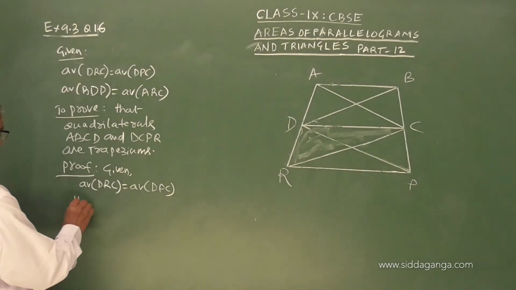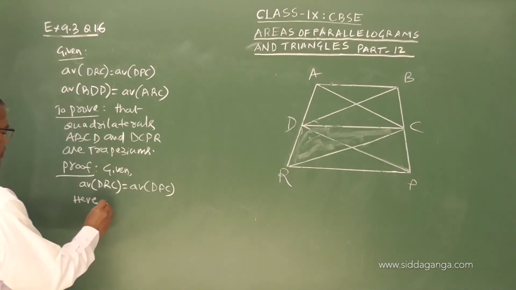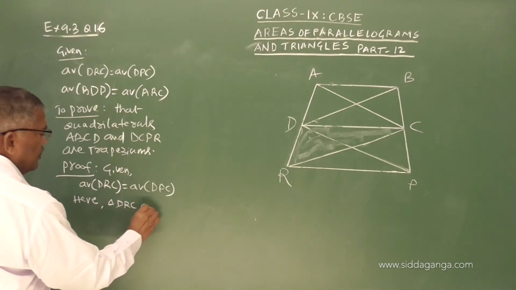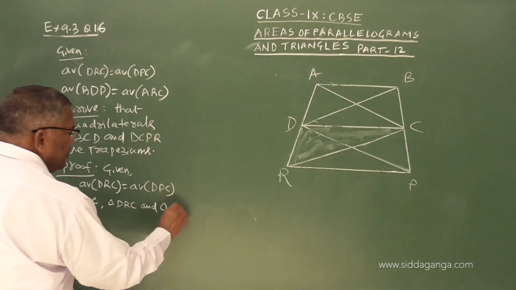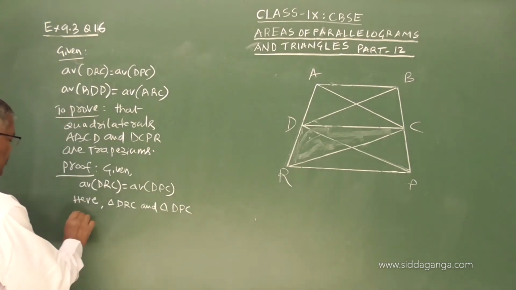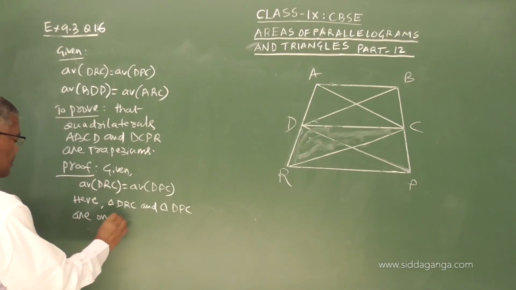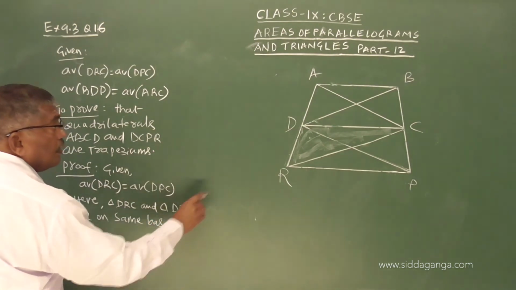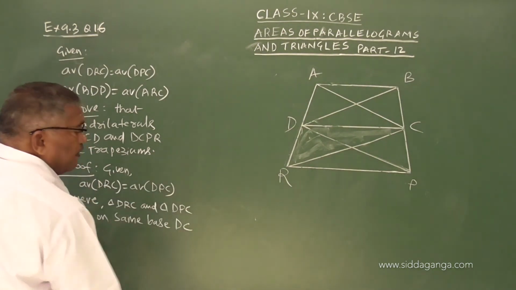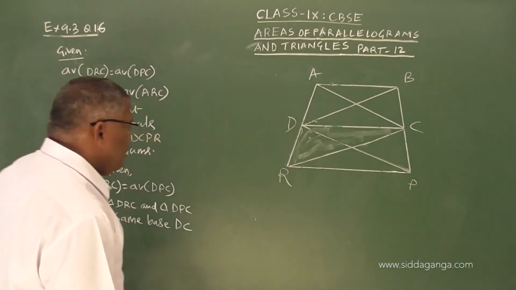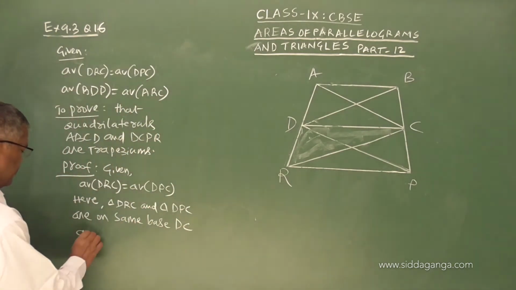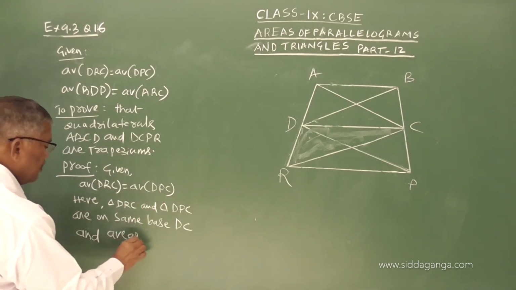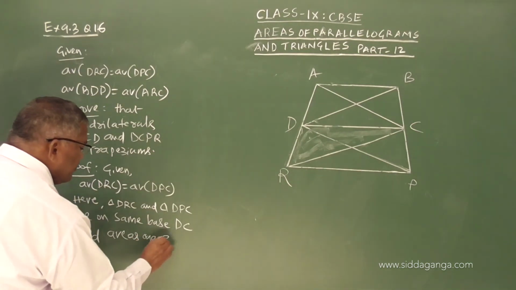So here triangle DRC and triangle DPC are on the same base. DC is the common base and their areas are equal, it is given.